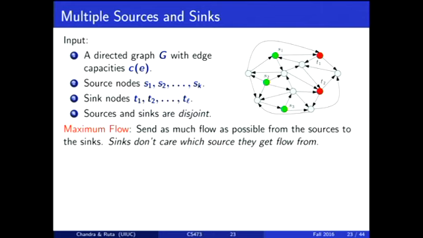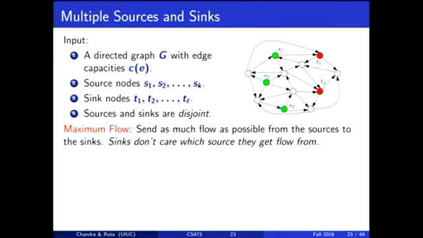What would be a natural definition? Intuitively we see it. We want to ship as much from these guys to the other guys. So how do we formalize that? Mathematically, how? A flow where you have multiple nodes which don't have the same output.